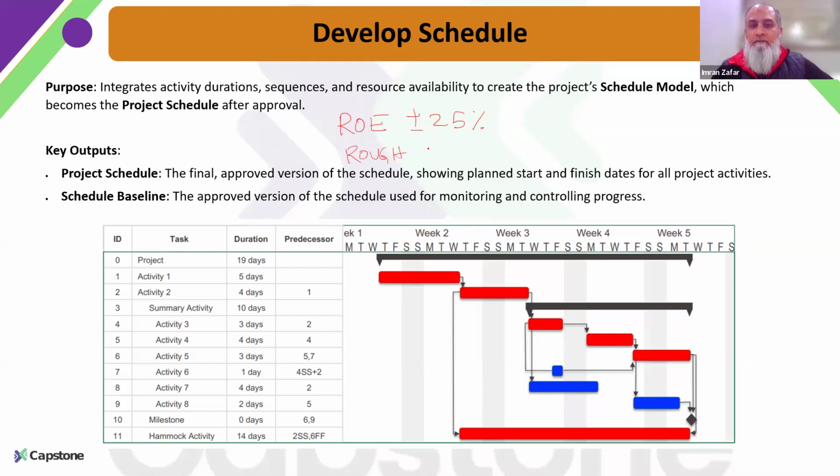Generally at that point of time, we normally do rough order estimations. Rough order is okay. It can be like this, maybe 25 or 50%.